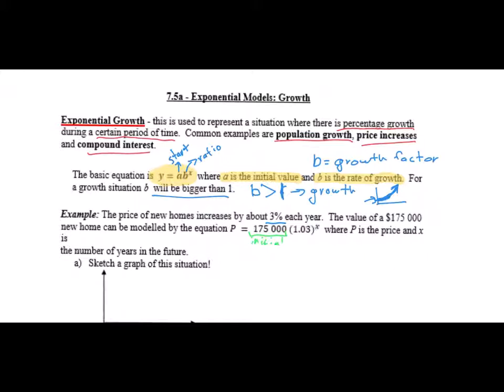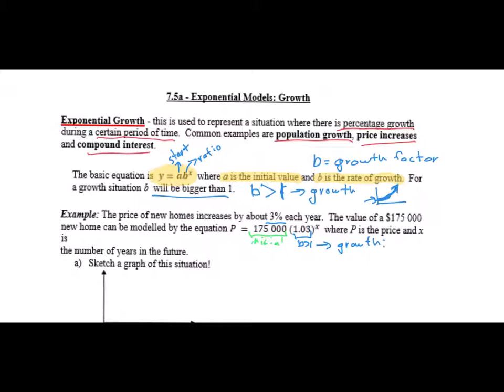The second part, inside the bracket, the thing that's raised to the exponent, is greater than 1. So this is b, and notice it's greater than 1. That means this is growth.